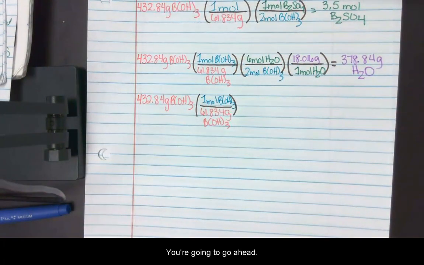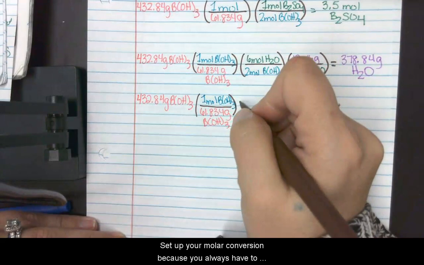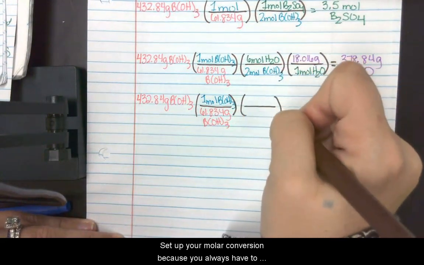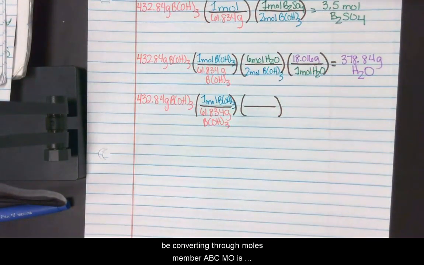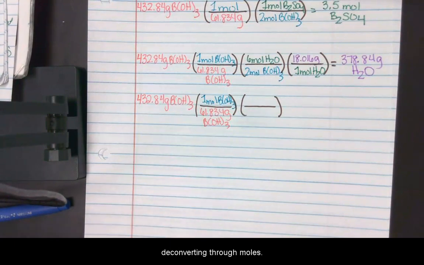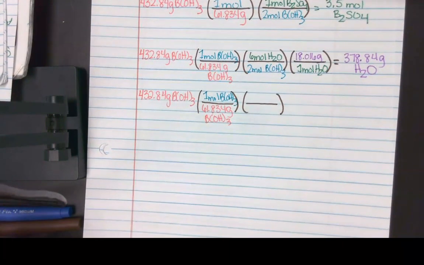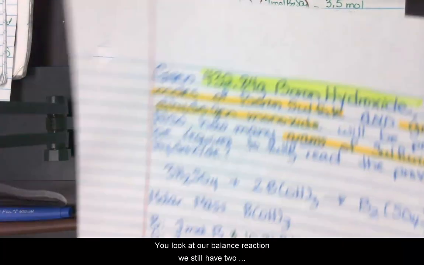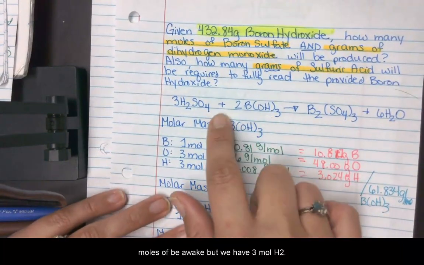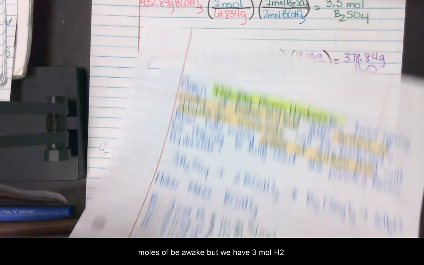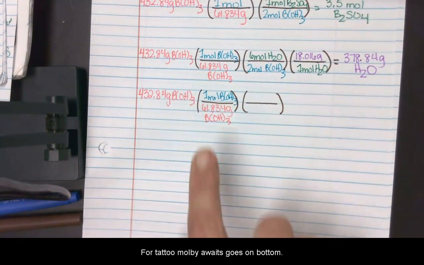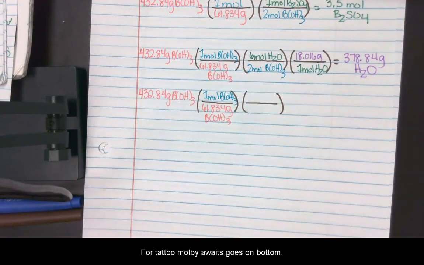Then you're going to set up your molar conversion, because you always have to be converting through moles. Remember ABCM, always be converting through moles. If you look at our balanced reaction, we still have 2 moles of BOH, but we have 3 moles H2SO4. That 2 mole BOH goes on bottom.